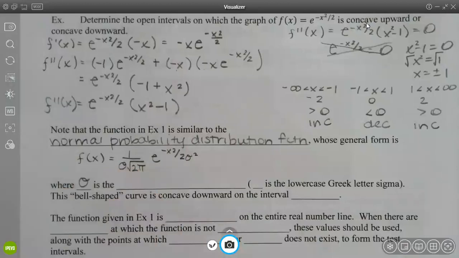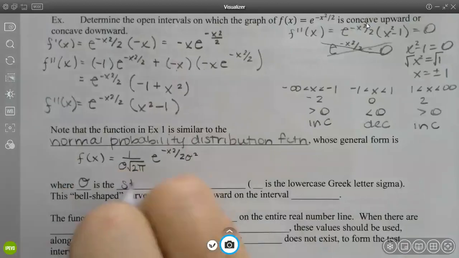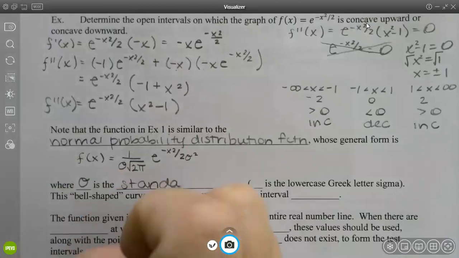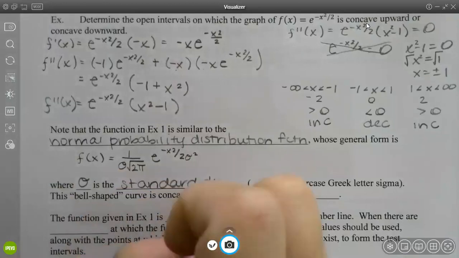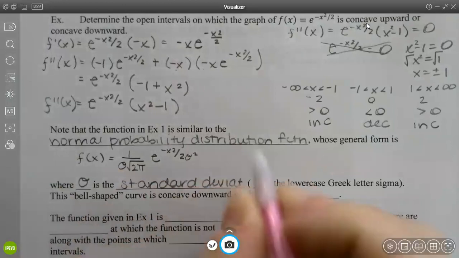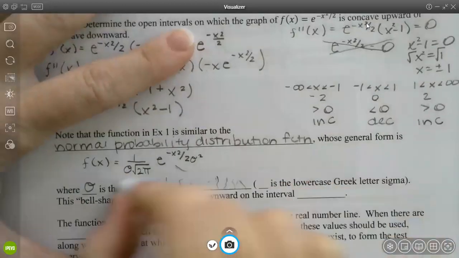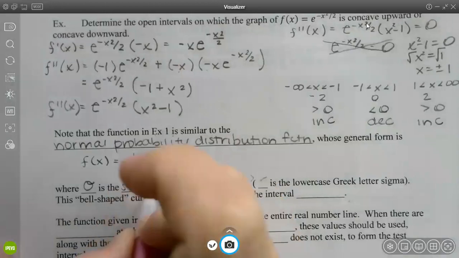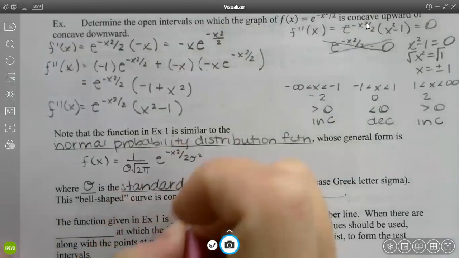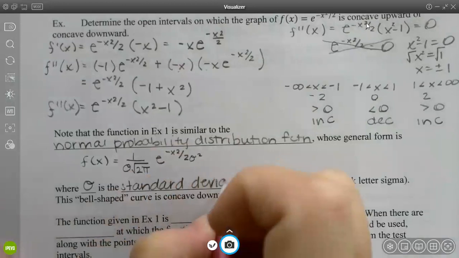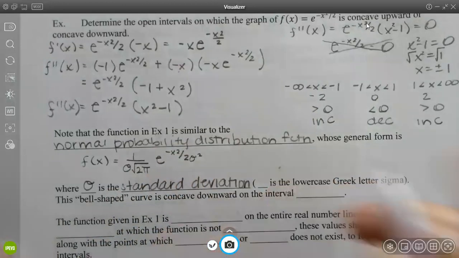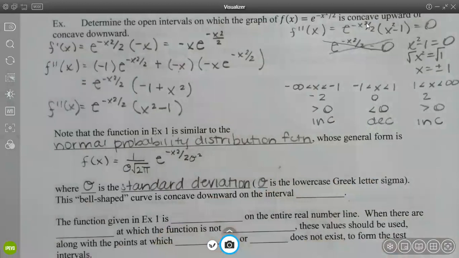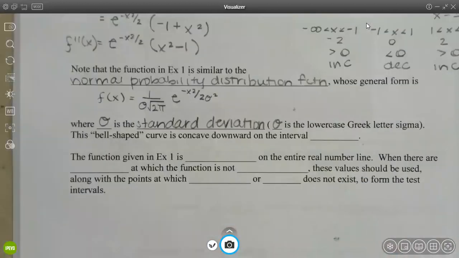Sigma is the standard deviation. And that little symbol is the lowercase Greek letter sigma.